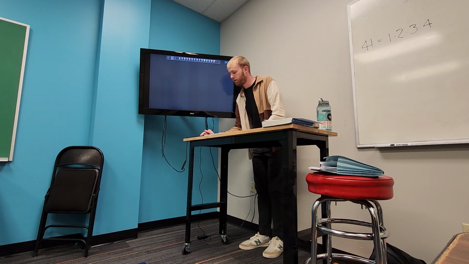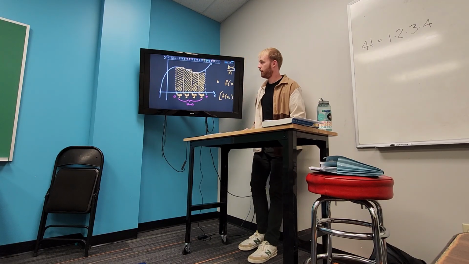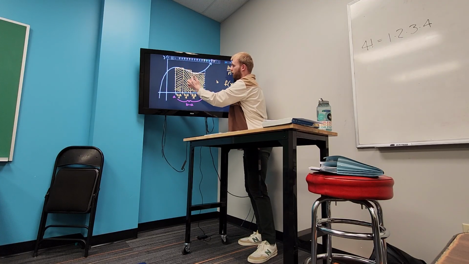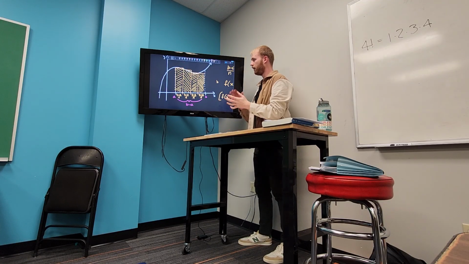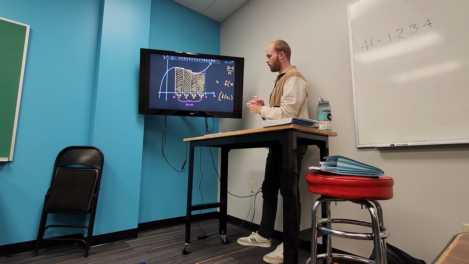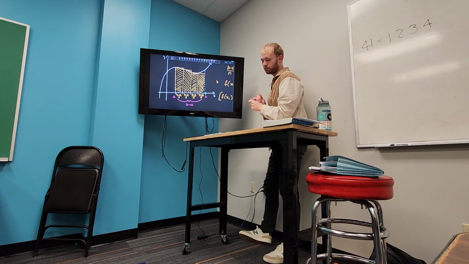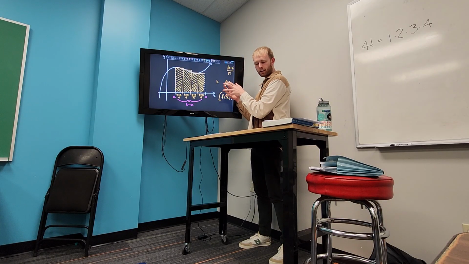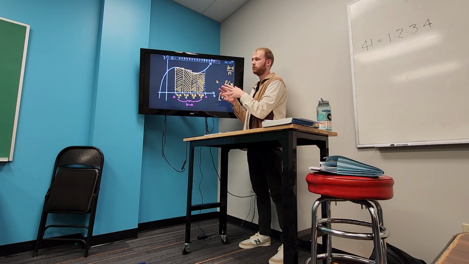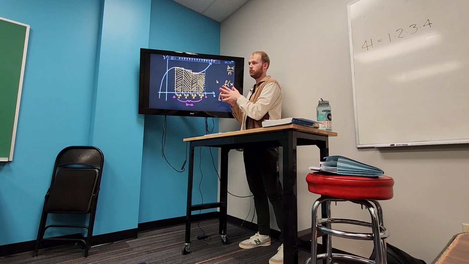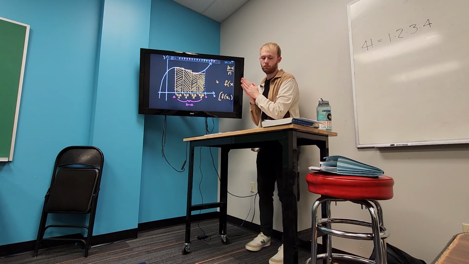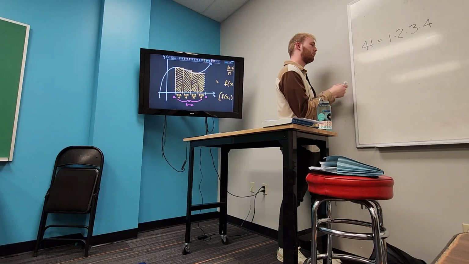So here's a left Riemann sum in this picture. I have the left endpoint on here. Okay. If I start at i equals 0, what would happen to the b minus a times i term? It would cancel out.